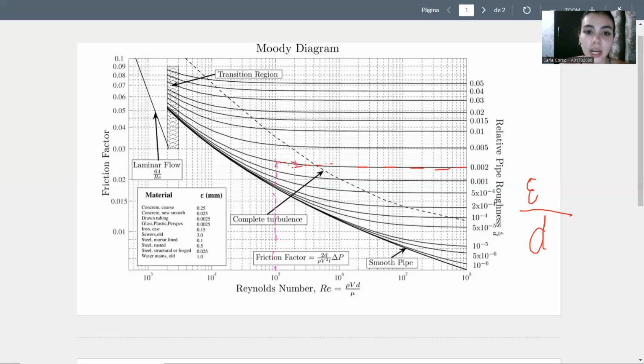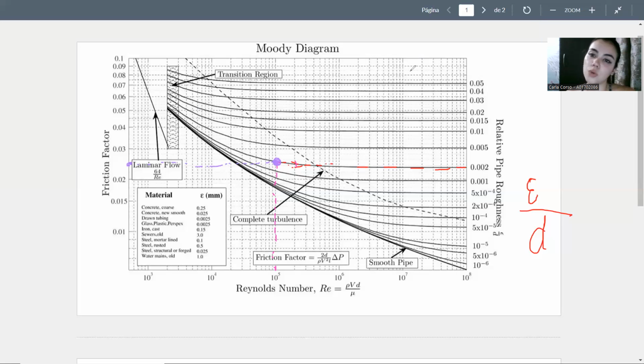Then we have to draw a horizontal line to the friction factor, starting from the point where these both numbers converge. If we trace the line, we are going to obtain a friction factor of approximately 0.025. And that's the way we calculate the friction factor with the Moody diagram.